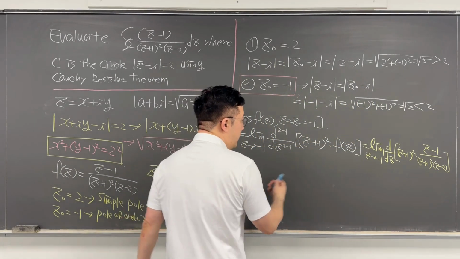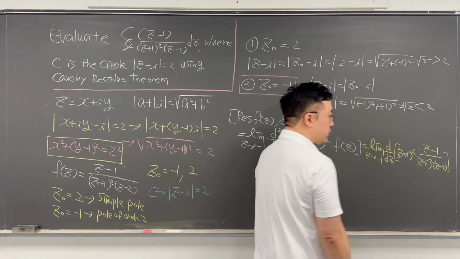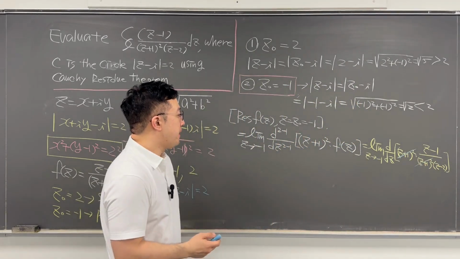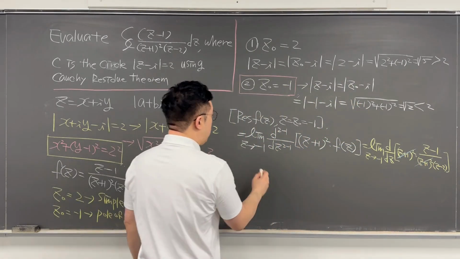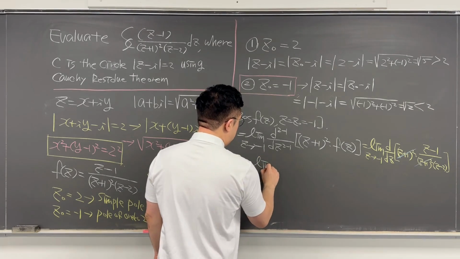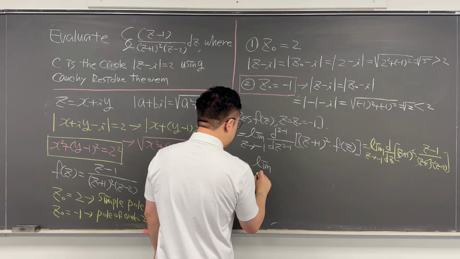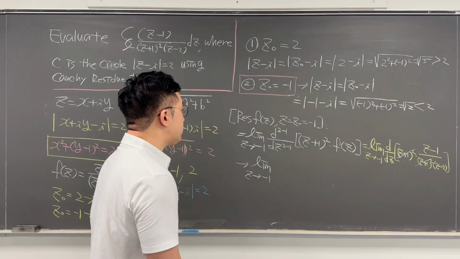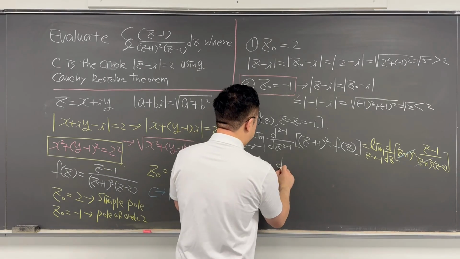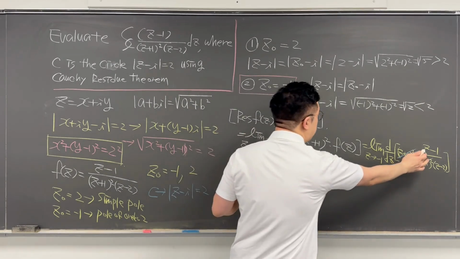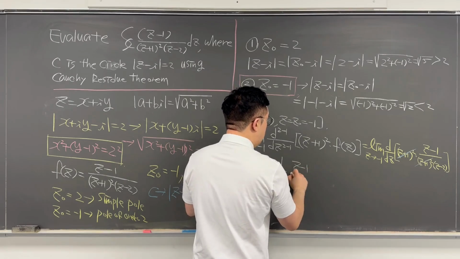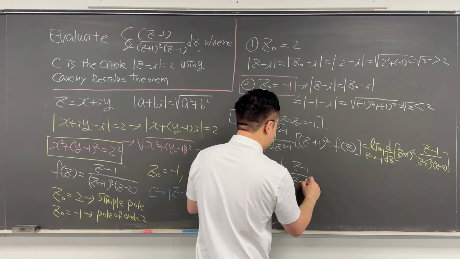Okay, so it looks like we can cancel this (z plus 1) squared out inside of your bracket. So we should be working on the limit as z goes to -1 of the first derivative of (z minus 1) over (z minus 2).